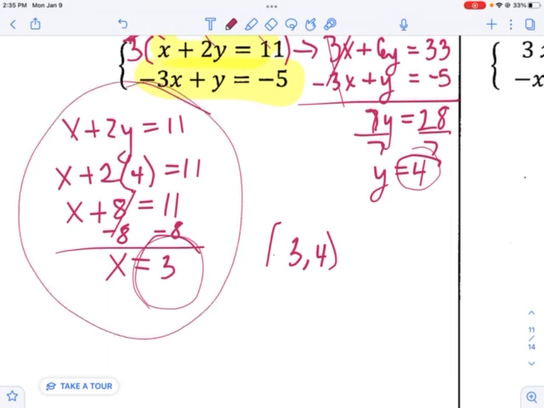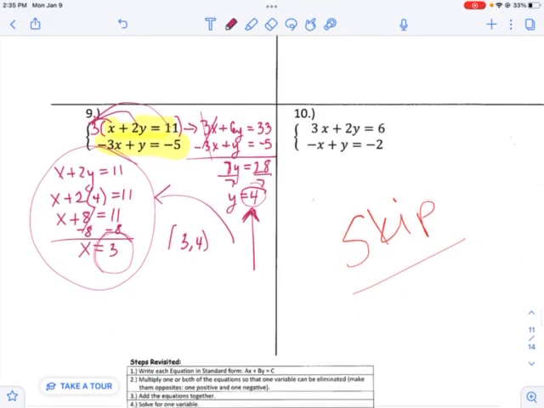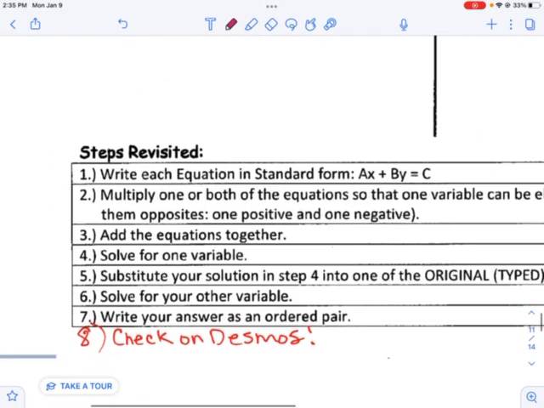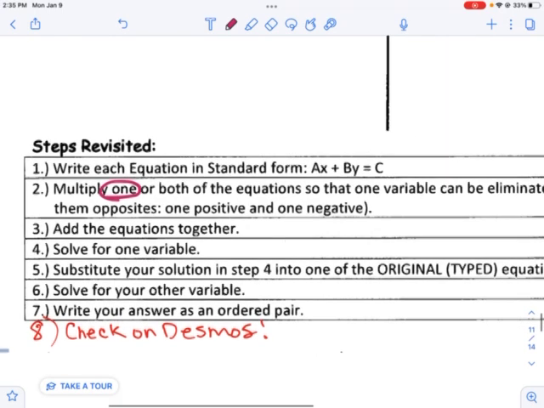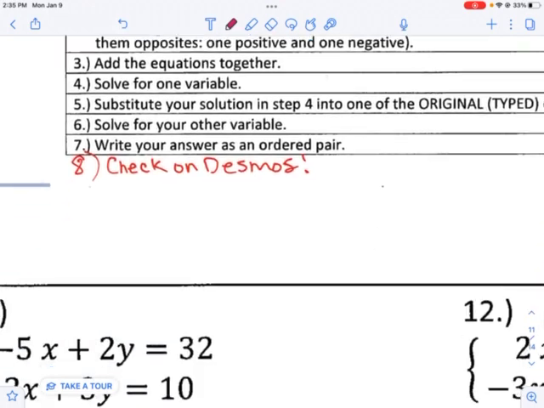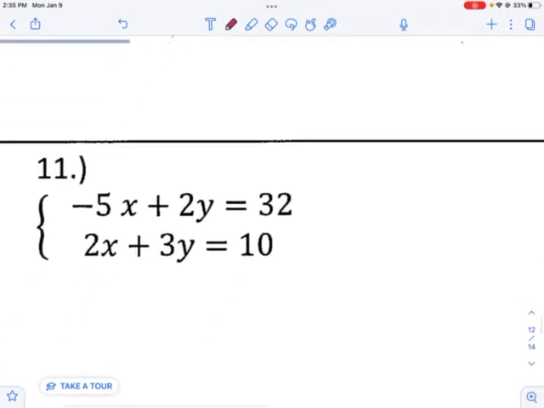All right, we're going to skip number 10. So we have multiplied one of the equations so the variable can be eliminated. The next two problems, we're going to have to multiply both equations. This will make us go back into our memories about least common multiples, LCMs.